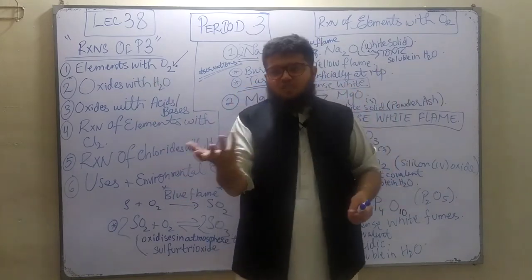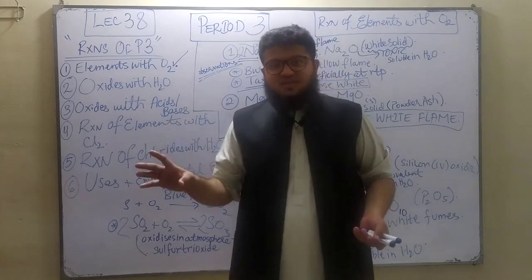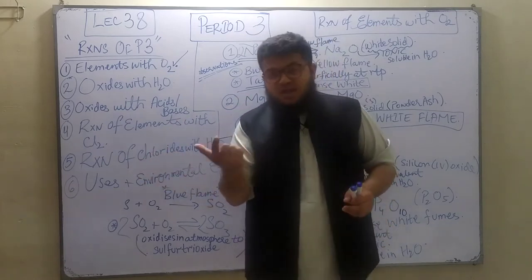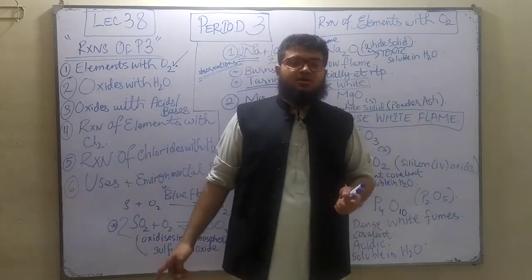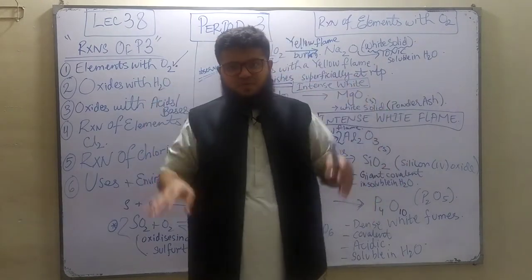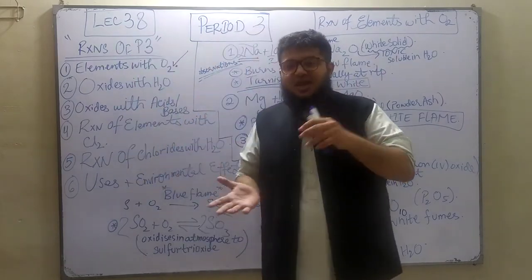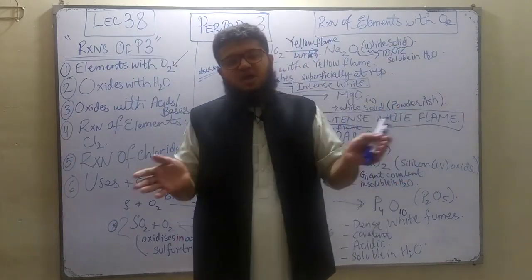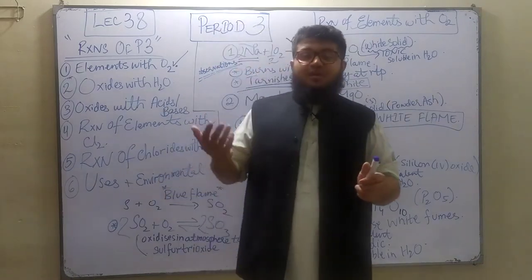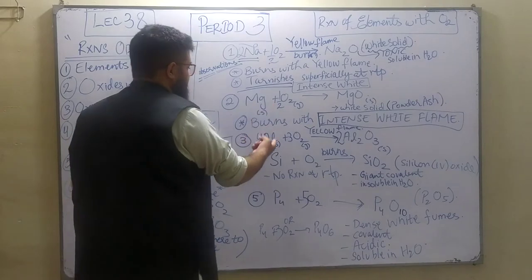If you take a piece or block of aluminum and leave it in air, it will not tarnish very easily. Why? Because it will quickly react with the oxygen available in the atmosphere and create an inert layer on top of it, and this inert layer will prevent further reaction of the inner aluminum with the oxygen outside.